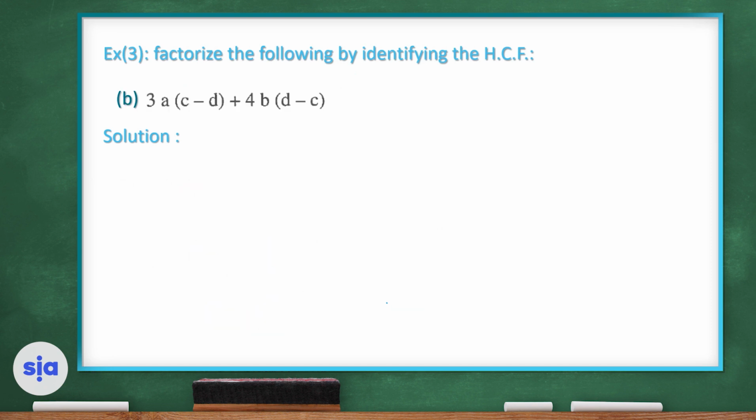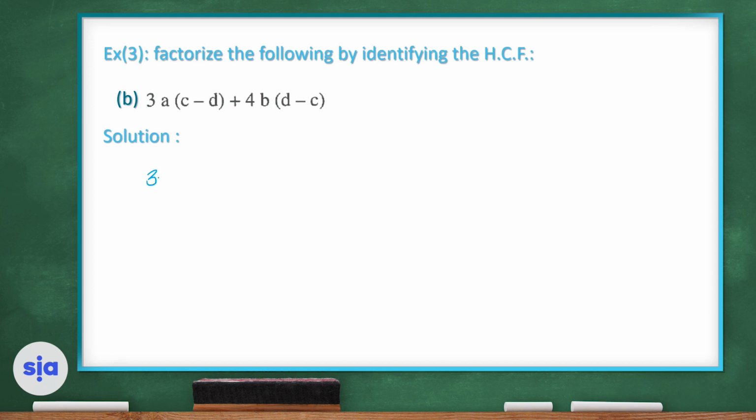Exercise 3b, the same question, the same idea, but with a small new part. Factorize the following by identifying the HCF. 3a multiplied by c minus d plus 4b multiplied by d minus c. They are not the same as c minus d. How can we make them the same? Yes, excellent.